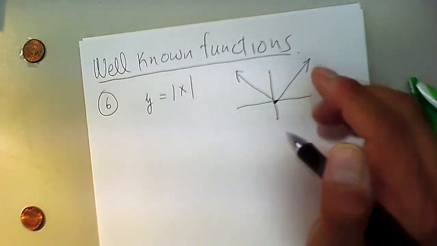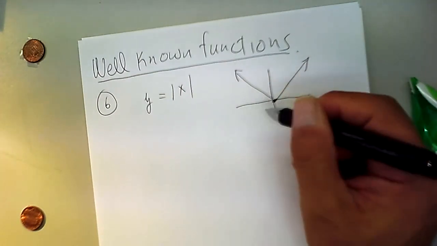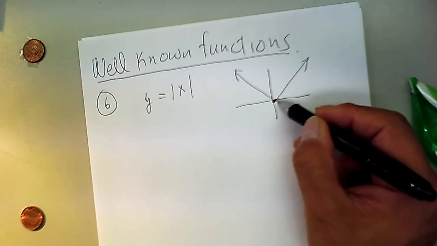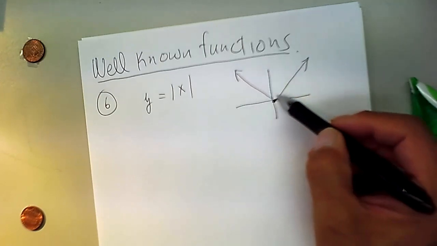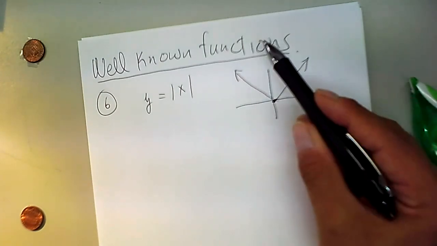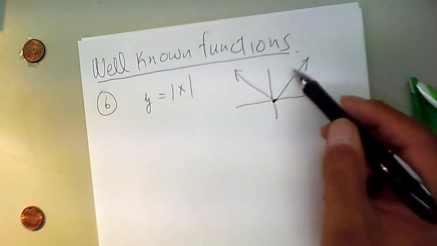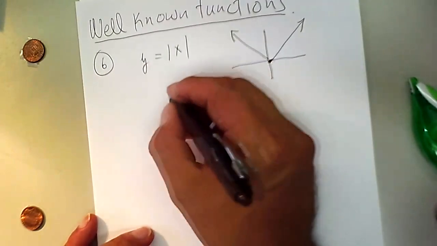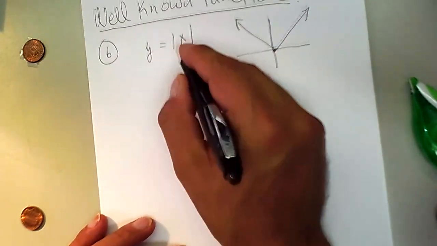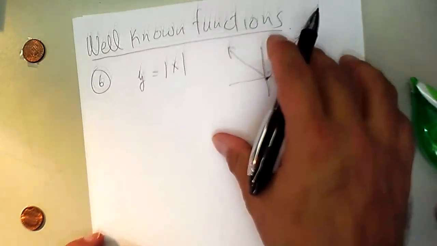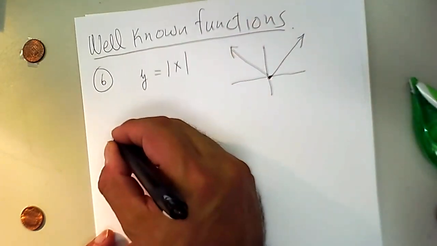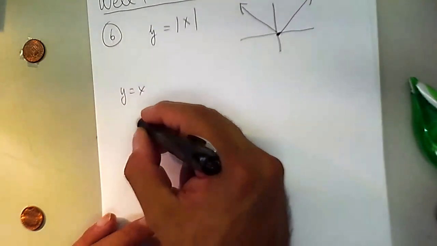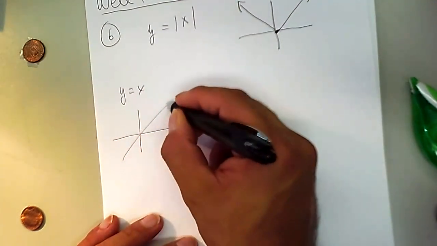So many functions are smooth. They don't have sharp corners as this one. This one is one of the ones that have sharp corners. So the thing to notice with this, which is really cool, I think, is, I can show you what the absolute value does to anything. Let's say you have y equals x, which is not the same. Those are not the same, okay? This graph looks like this.